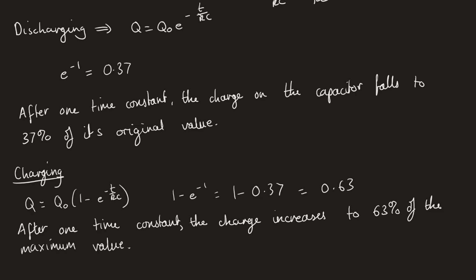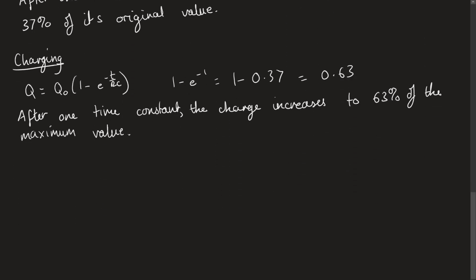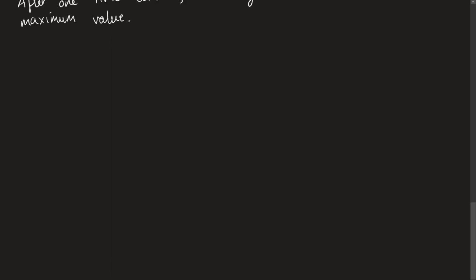Let's do an example of how I can use logs to do a question on these. Quite a mathsy question would be, let's say we have a circuit, let's actually draw out this circuit.